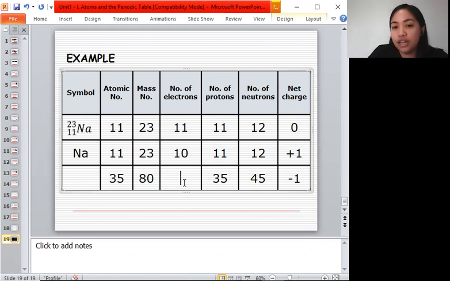So unsaon man ang pagkuha ang number of electrons, diba? Protons minus the charge. So 35 minus negative 1. So double negative, that will make positive. So 35 plus 1, mao na ato ang electron.